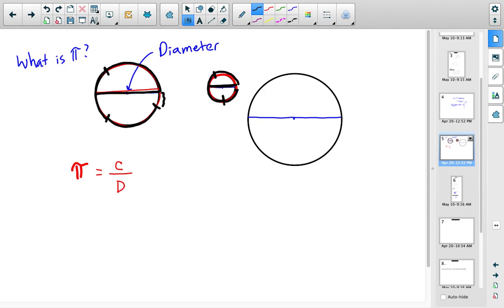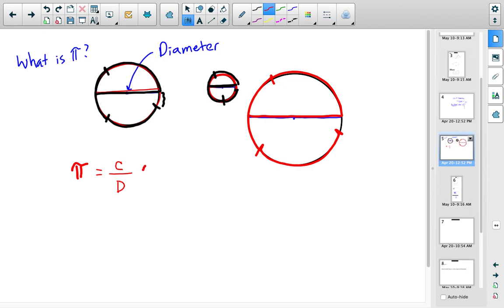That's not quite right, but it would be a little more than 3. And we could do the same thing here. Here's my diameter. If I were to lift that up and lay it around, I'd get to about there, and again, and again. And in each case, it would be a little more than 3, regardless of the size of the circle.